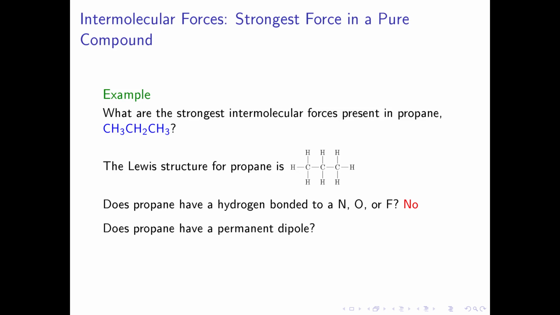Secondly, does propane have a permanent dipole? Again, recall that each of these CH3 and CH2 groups are tetrahedral in structure, which means that there is no net dipole moment present in this chain of hydrocarbons, and therefore the answer is no. This leaves us with only dispersion forces possible for propane.